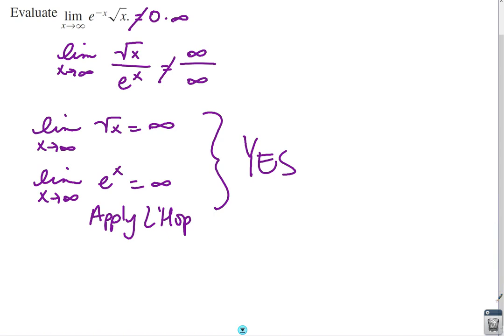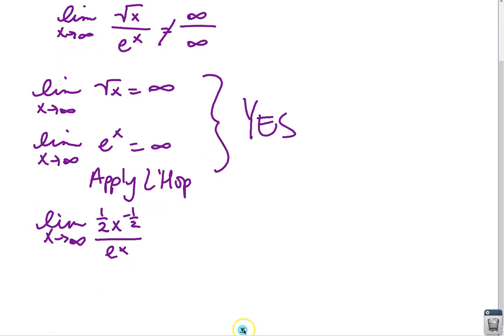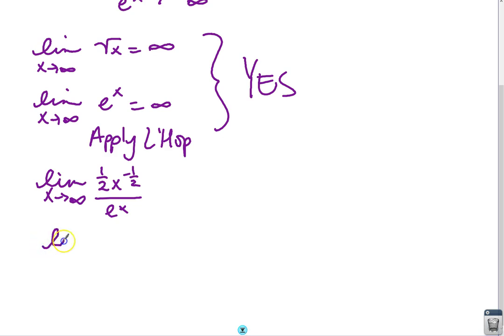Okay, so now I can apply L'Hopital's, so then I can take the derivative of the top, so limit as x approaches infinity. Derivative of root x is going to be 1/2 x to the negative 1/2 over e to the x. Derivative of e to the x is just e to the x. I'm going to rewrite this, and so now this becomes the limit as x approaches infinity of 1/2 x to the 1/2 e to the x.